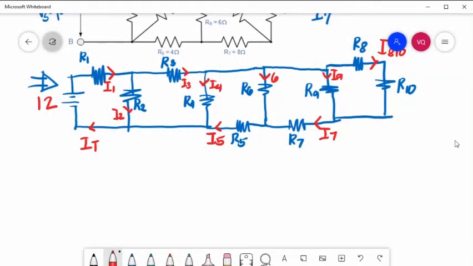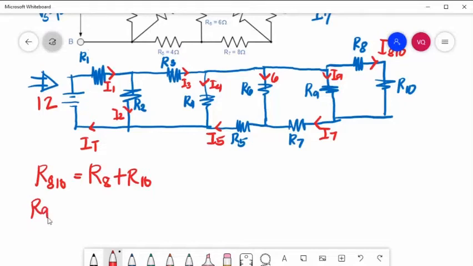So, from here, muna, R8 and R10 are in series. So, R810 is equal to R8 plus R10. Next, the combination of R8 and R10 is in parallel with R9.